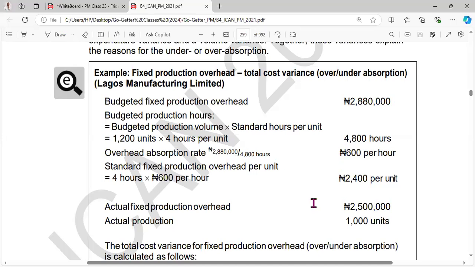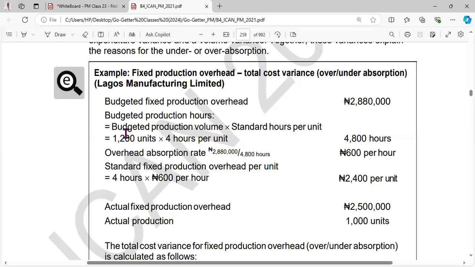So now, for you to get standard fixed cost per unit, you will say to make 1 unit is 4 hours. Overhead absorption rate for fixed cost is 600, meaning that for every unit, you are spending a fixed cost of 2,400. Now, this is the actual production overhead, 2,500, and that is the actual production, 1,000.